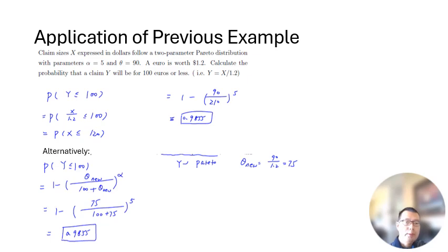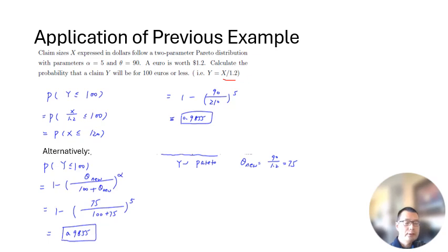Calculate the probability that a claim Y will be for 100 euros or less. So X is in dollars, Y is in euros. When we convert X to Y, we divide the dollar amount by 1.2 to get the euro amount. That's why Y is equal to X over 1.2.